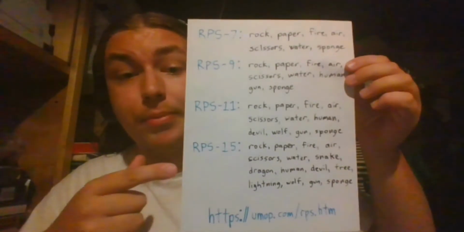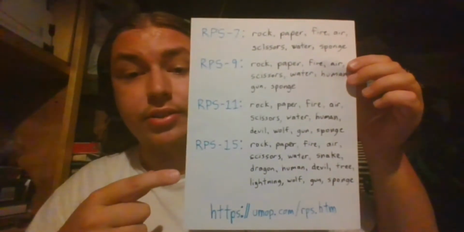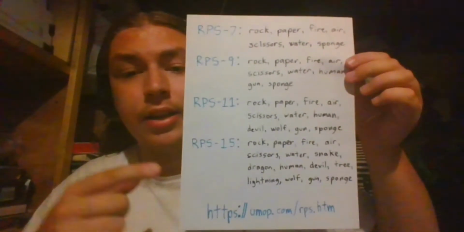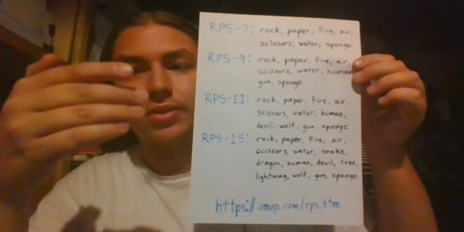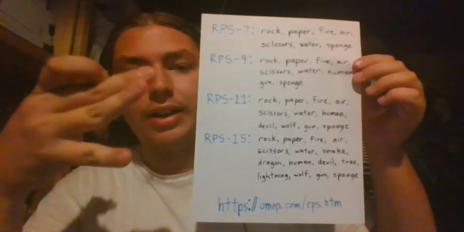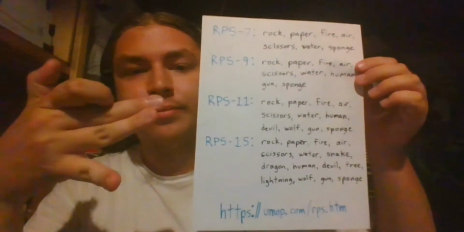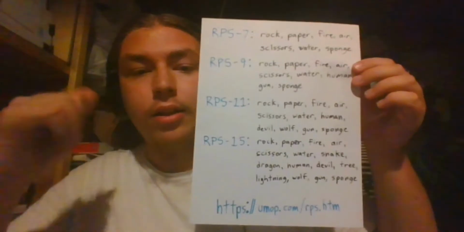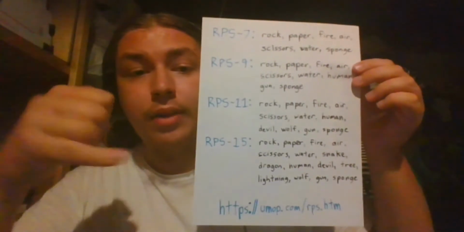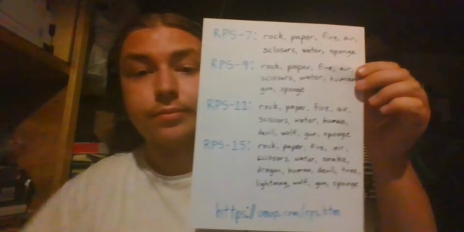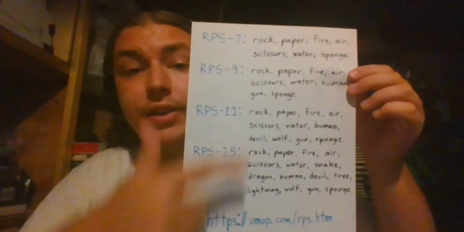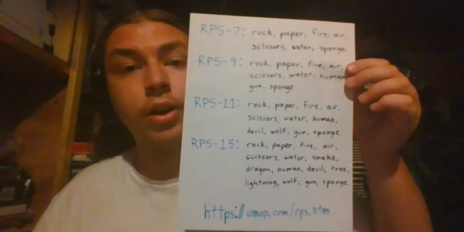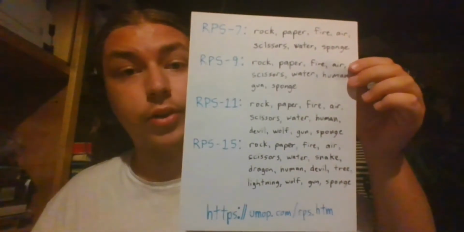And then for rock, paper, scissors 15, he takes those symbols and he adds a snake, this is really hard too. Dragon, lightning, and tree. So all of these, by the way, all of these lists of words are in the order that will work with my algorithm if you want to put these in your game.